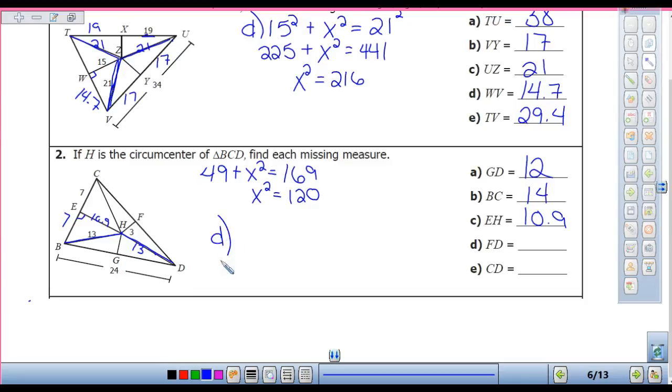So part D, how do I set this up? 9 plus x squared equals 169. x squared equals 160. So FD is 4.6. So that makes CD 5.2.